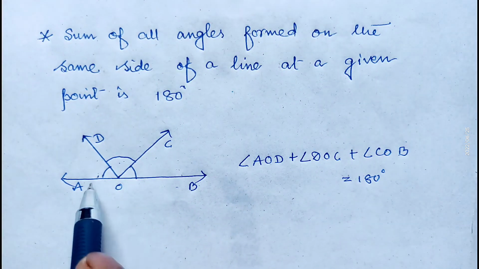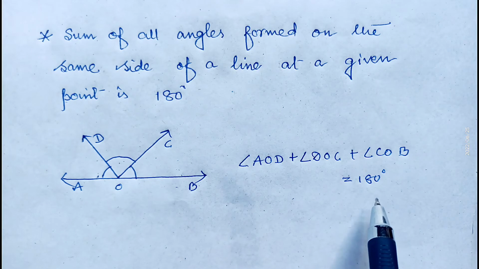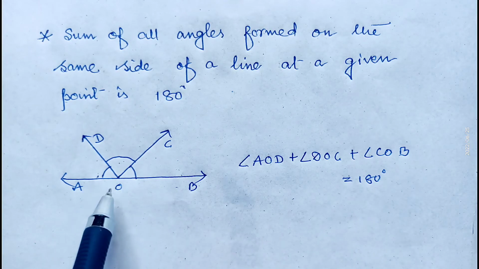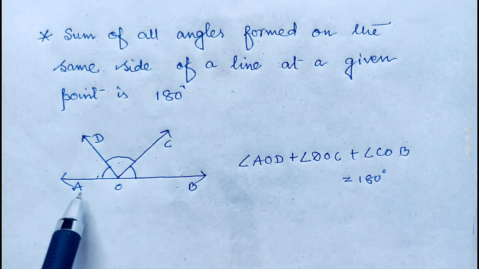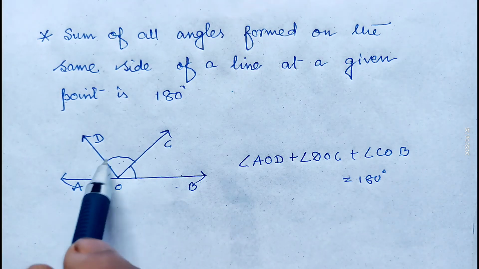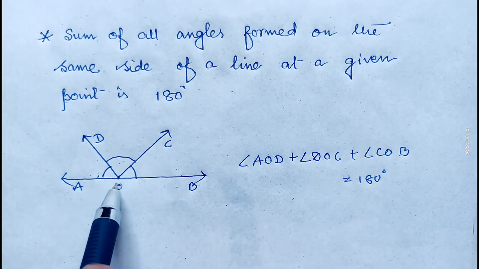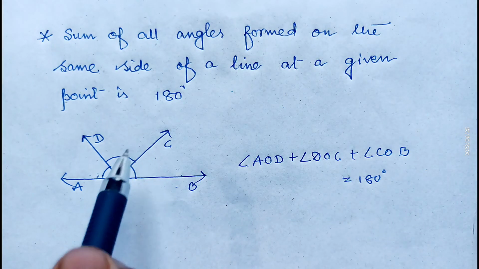Instead of 3, if there are 4 angles, then also it will always be 180. So the sum of all the angles, whether 2 or 3 or 4 or 5, formed on the same side of a line at a given point, must be 180 degrees.